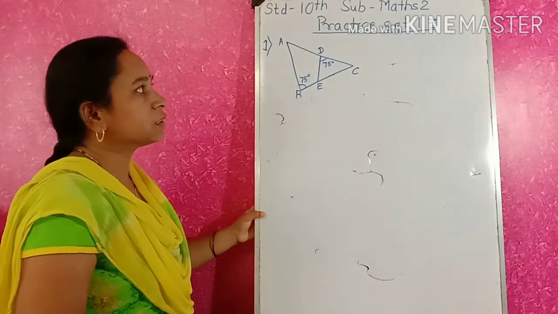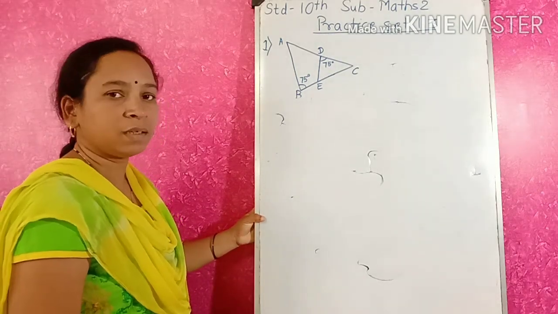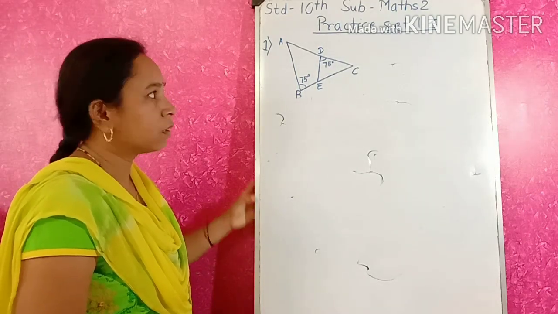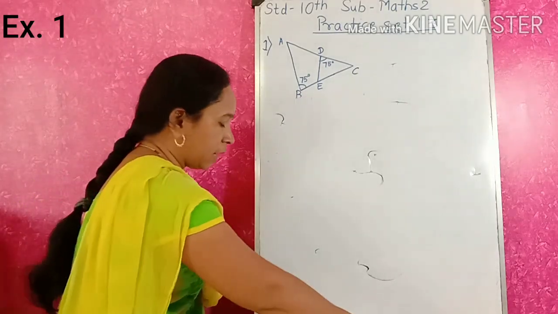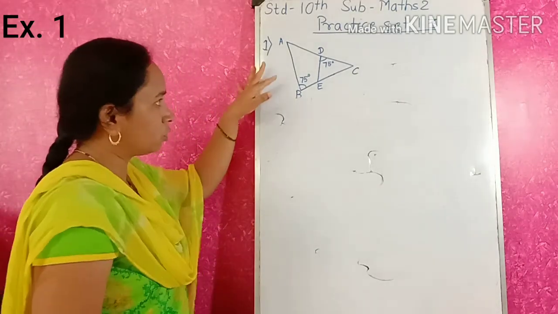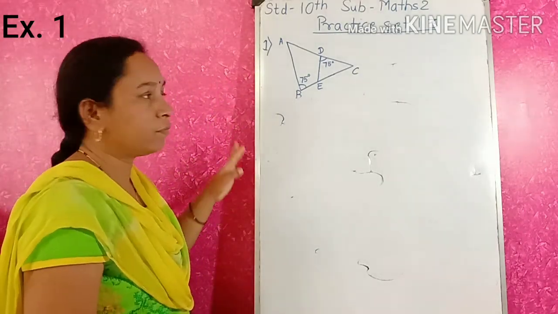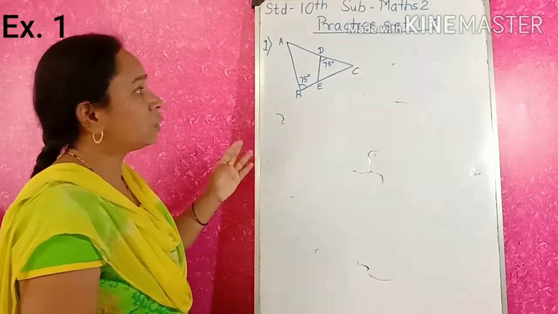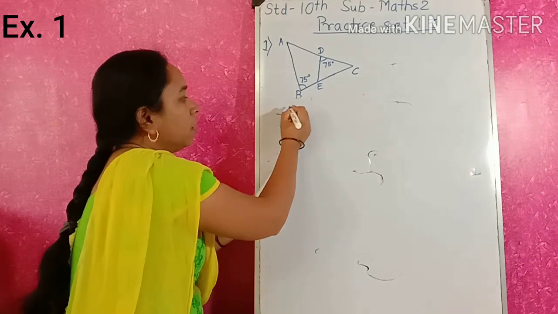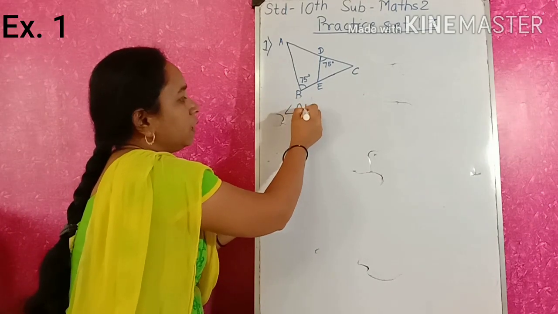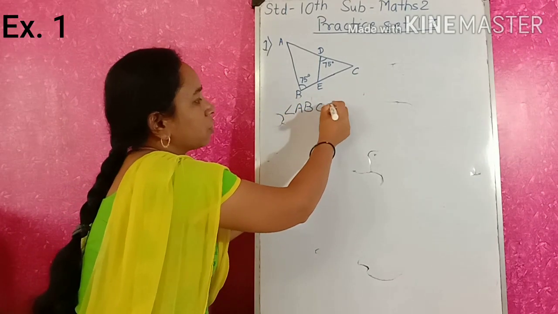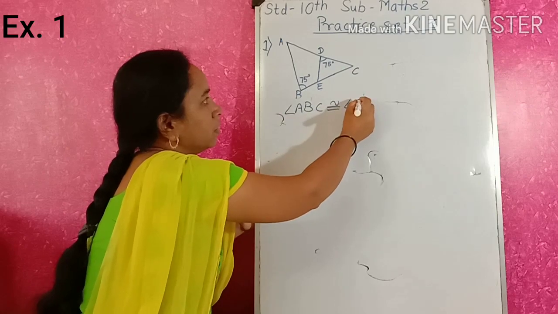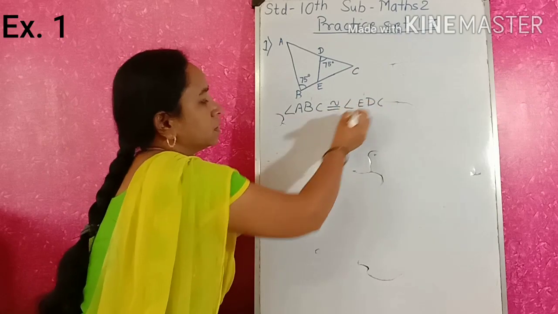Now we'll see the first example from practice set 1.3. In this they have said that two triangles are similar, and we have to find which two triangles are similar, what is the test of similarity and what is their correspondence. So here I can say that angle ABC is congruent with angle EDC.